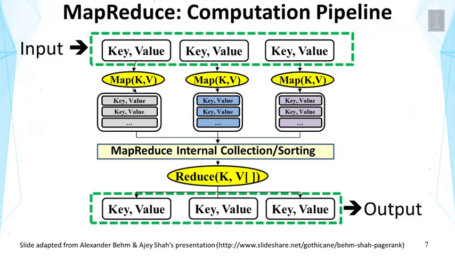Each is processed in parallel, first by map, and then after we reach the reduce stage, multiple reduce functions can also process the different keys and their associated values in parallel. So it achieves the purpose of parallel processing of a large data set.